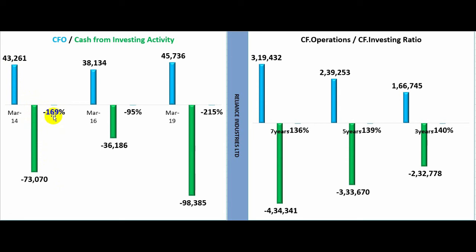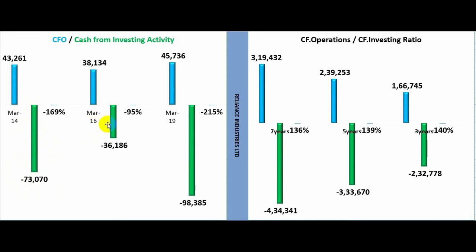What basically we want to see is that whatever cash the company is earning through operating activity, 50% or slightly more can be invested in buying of fixed assets. But in 14, 73,000 crores was invested. Maybe the company had capital expenditure in those years.